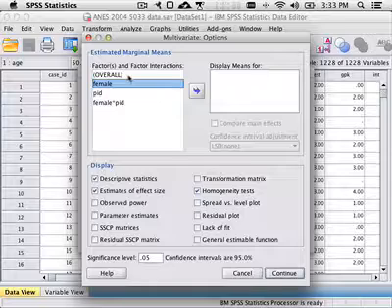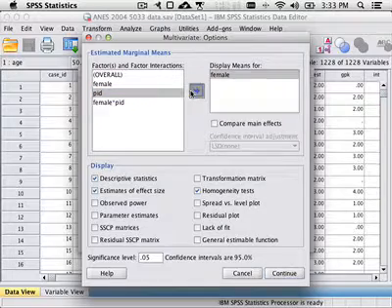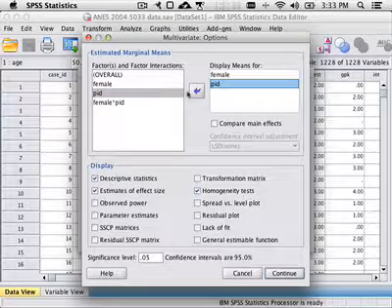Anybody want to take a shot at that? We talked briefly about this last week. When I add these, what's that going to produce for us? Means that are estimated while accounting for no variance in the covariates. Yeah, so it's holding your covariates constant, and the means are estimated based on that. So good.